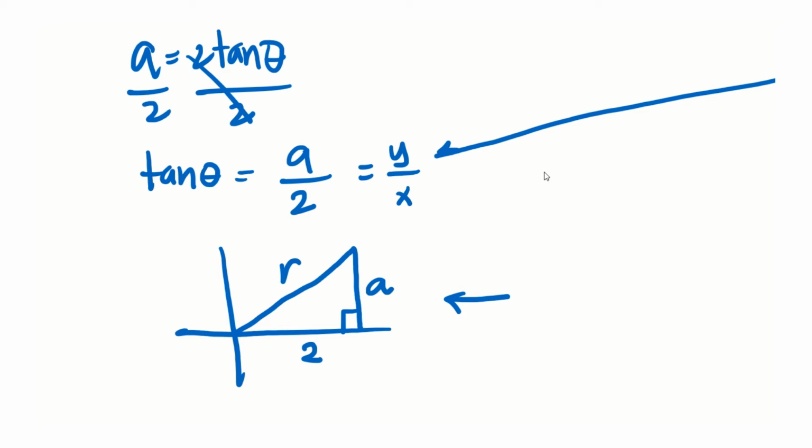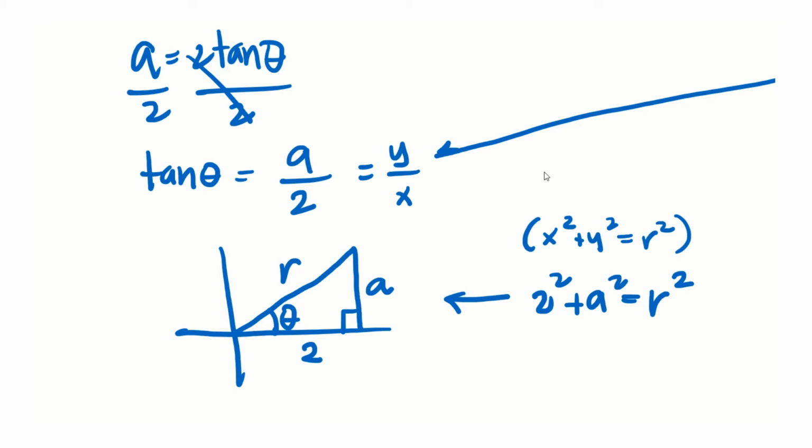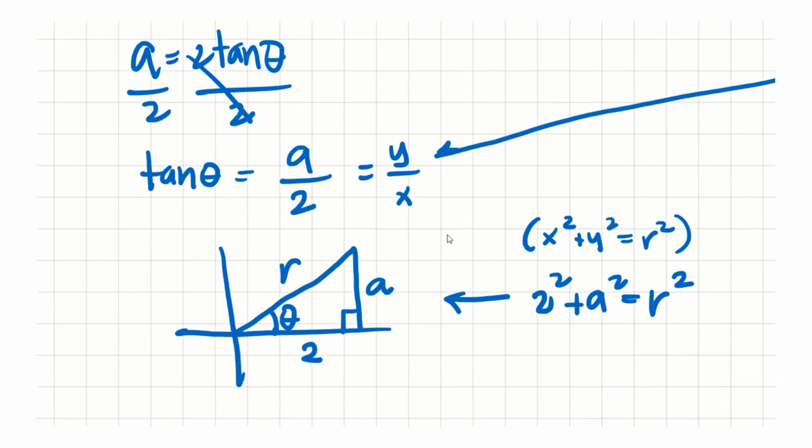Hence, with this triangle, and let's say this is our theta, 2 squared plus A squared is equal to r squared. This came from the x squared plus y squared equals r squared idea. Let's just keep it there for the meantime. We'll be using it later on when we look for the values of sine and cosine.